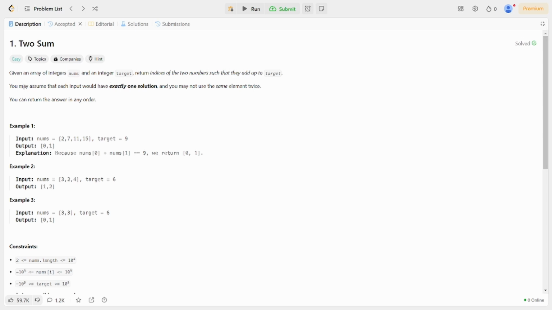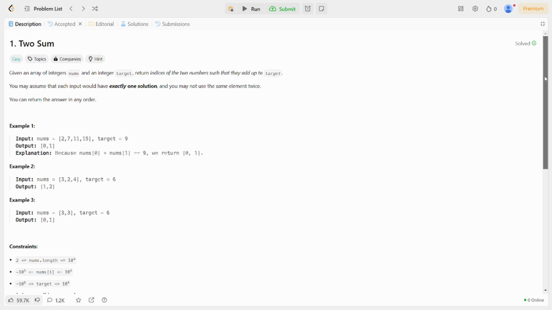We might assume that each input array has exactly one solution, and we are not allowed to return the same element twice, and the answer, which will exist, can be returned in any order.